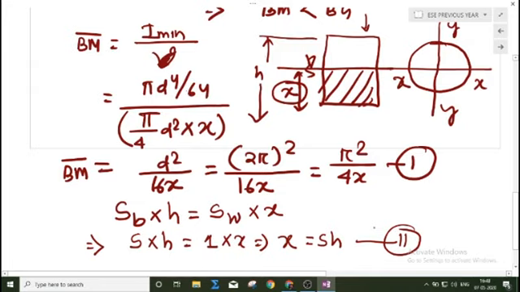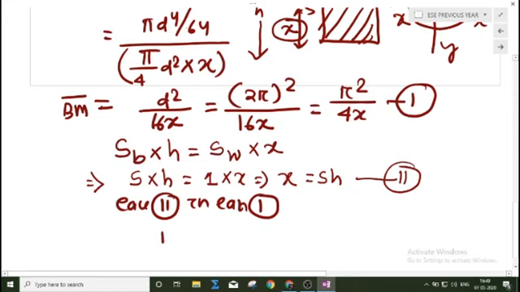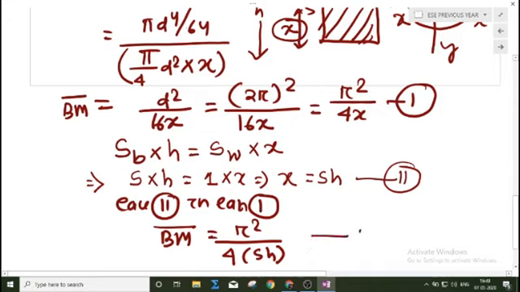Now BM I can write if I put equation 2 in equation 1. Then BM I am getting as r square divided by 4 into s into h. Let this be equation 3.